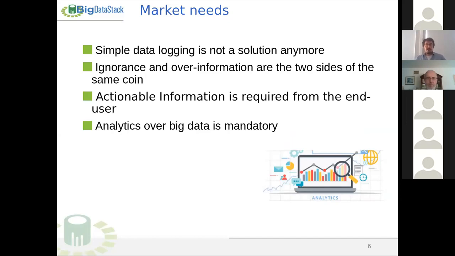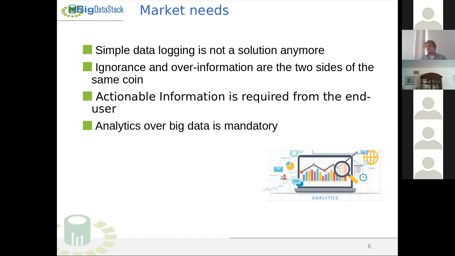In any case, this is more or less a solution we offer for AI-enhanced monitoring of the vessel. We believe, given the market needs, that simple data logging is not a solution anymore, because ignorance and over-information are two sides of the same coin. So if you get way too much information with no action on what you should do, it's more or less useless these days. So actionable information is required by the end user, and analytics over big data is mandatory.